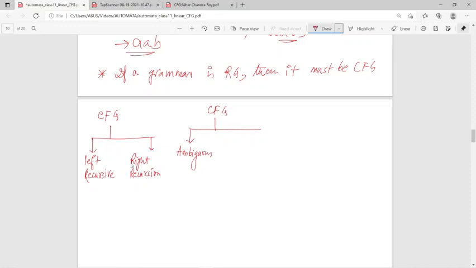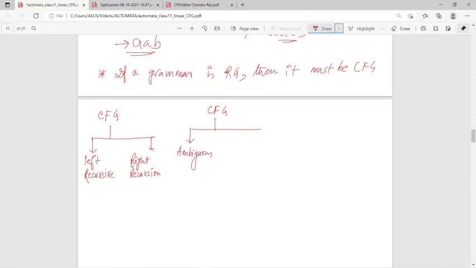Ambiguous, because as I said in the previous class, Noam Chomsky developed the concept of grammar, and he is a scientist from the domain of linguistics.